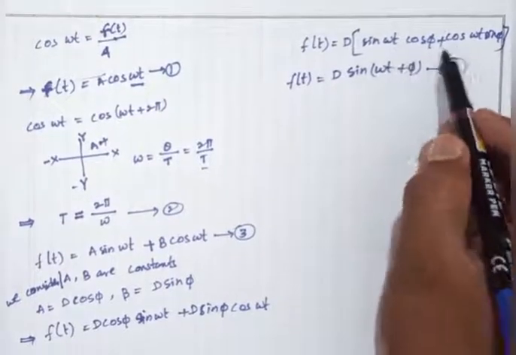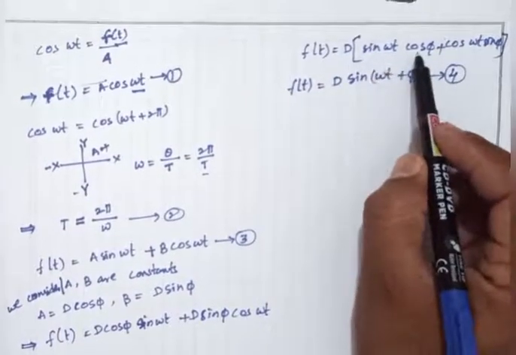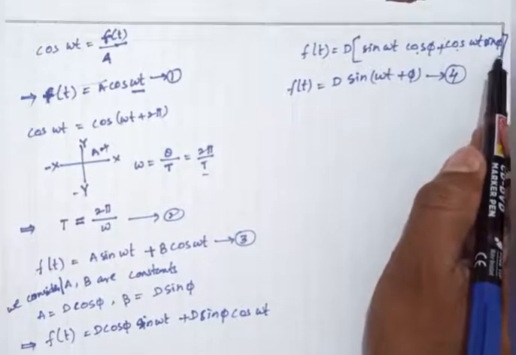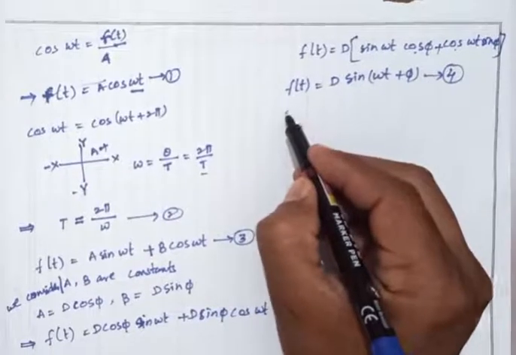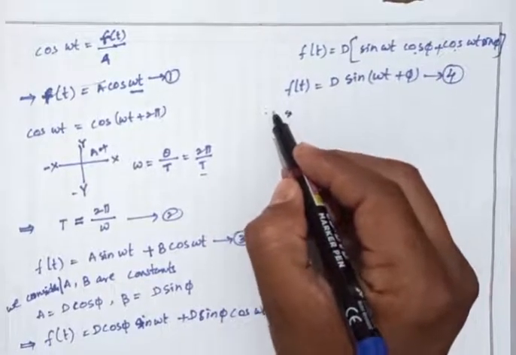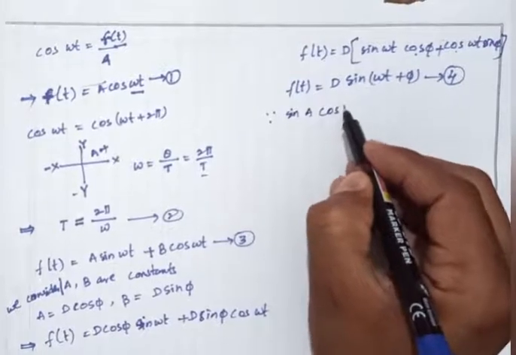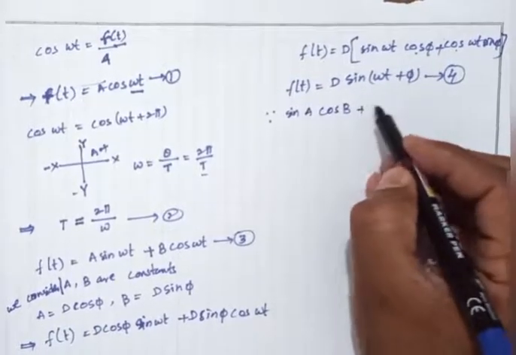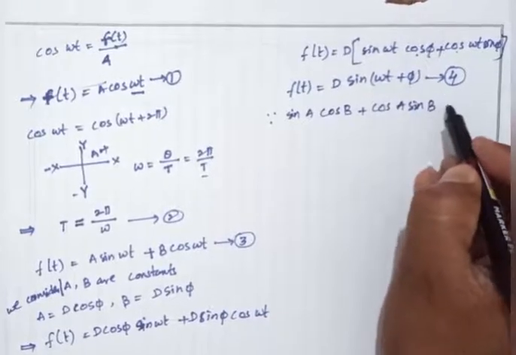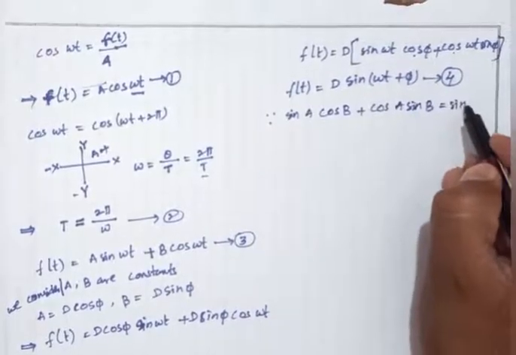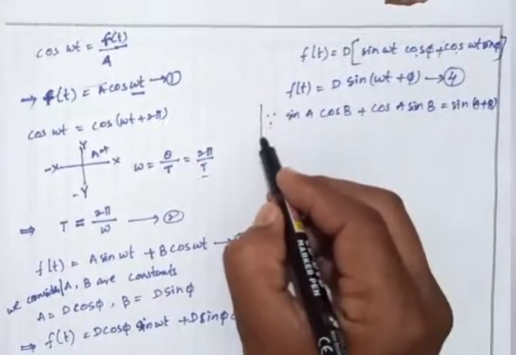From the above equation, sin a cos b plus cos a sin b equals sin of a plus b. This is the identity for sin of a plus b equals sin a cos b plus cos a sin b.